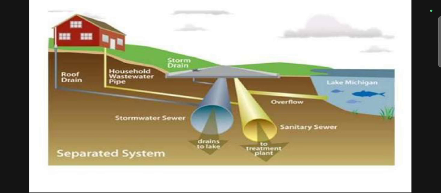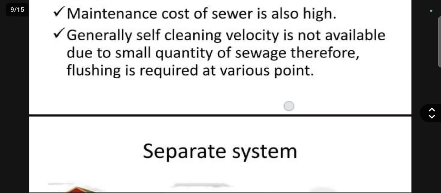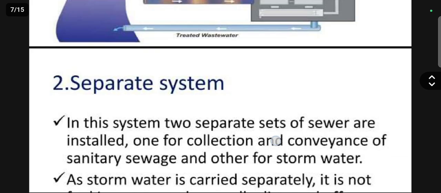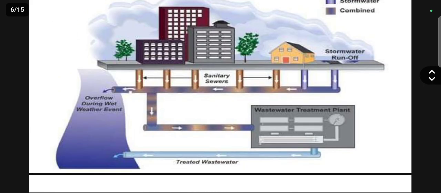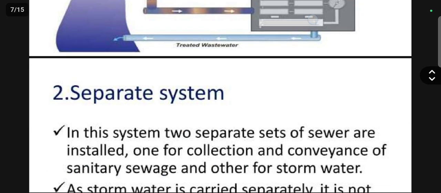In this diagram both are carried in different pipelines, and coming to this point, there is only a single pipe which can handle both sewage water and storm water.